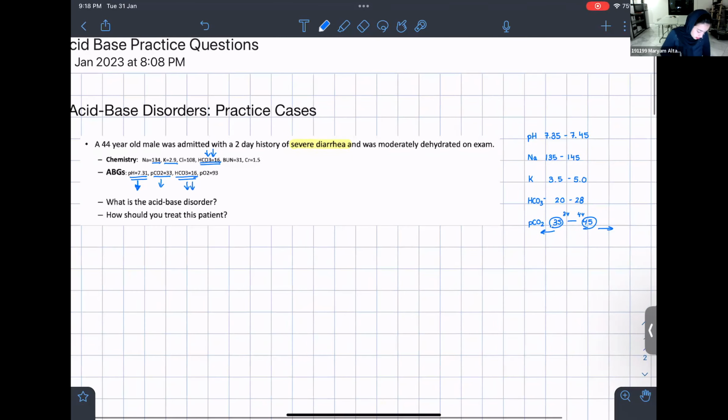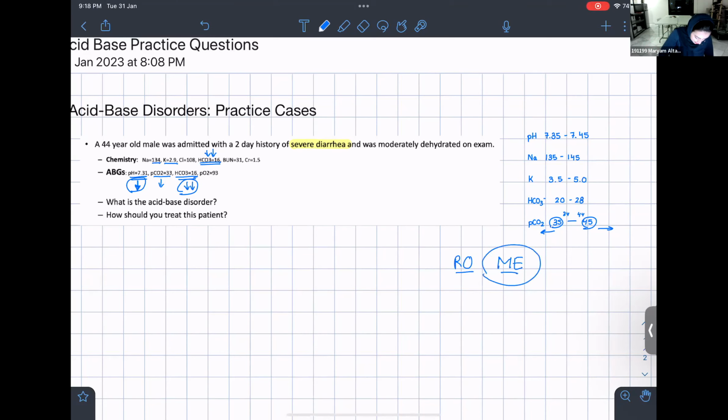Okay, and oxygen, ignore oxygen for now. So of these three, which ones make sense? Which ones are in the same direction? Like, we know it's an acidosis, but is it respiratory or is it metabolic? Okay, great. Metabolic acidosis, amazing, because they're in the same direction, right? Because this is down and this is also down. So we know from the mnemonic ROME, respiratory is opposite, metabolic is equal.